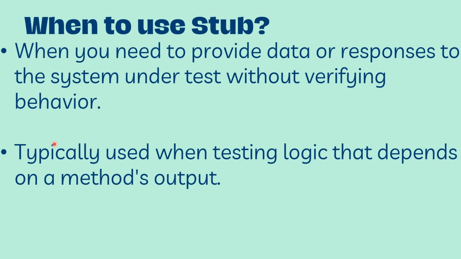When you need to provide data or responses to a system under test without verifying behavior, you should use a stub. It is typically used when testing logic that depends on the method output. For example, if you have a method which returns something, you want to verify that it returns this data, and that the return type of the data is as expected, right?